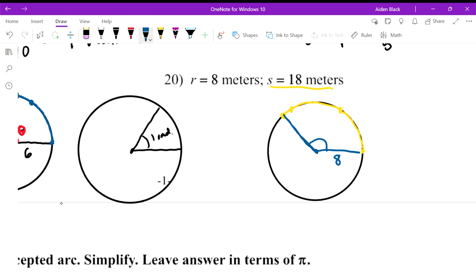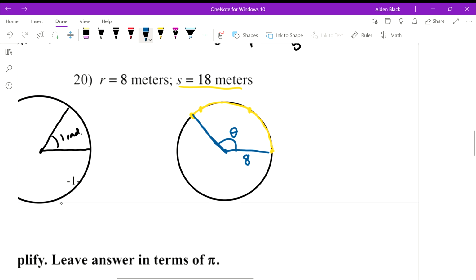So what is this measure of theta? Well, we know theta is equal to s over r. In this case, r is 8. So we end up with, if we reduce this by dividing by 2, 9/4.